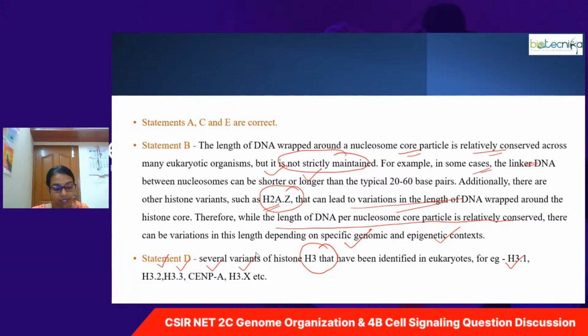So that's the reason we have statements A, C, and E as correct, and B and D as incorrect. And the reason why it is incorrect is provided to you here. Okay, fine. So let's move on to another question.